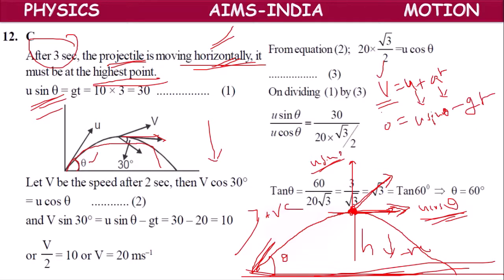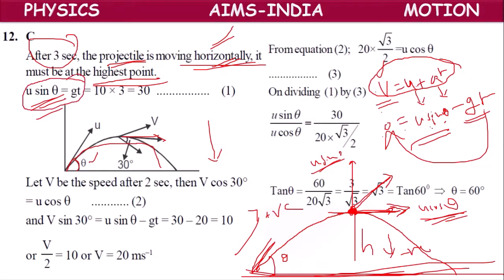If we apply the formula v equal to u plus at, final velocity is 0, initial velocity is u sin theta in the vertical direction, and the acceleration is the acceleration due to gravity in the downward direction. So we get 0 equal to u sin theta minus gt, or gt equal to u sin theta.